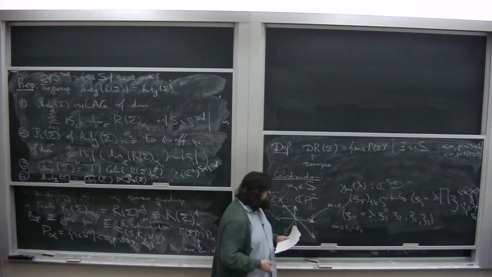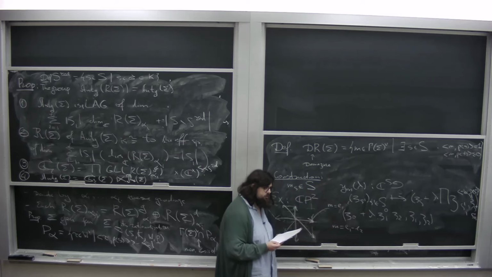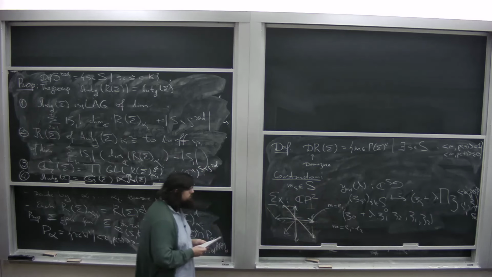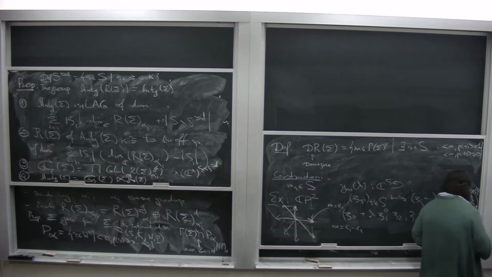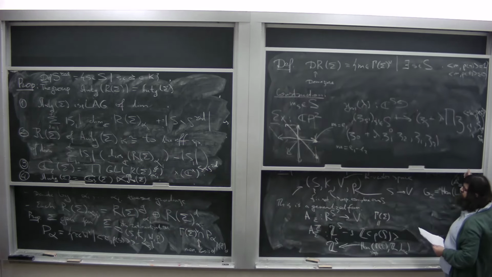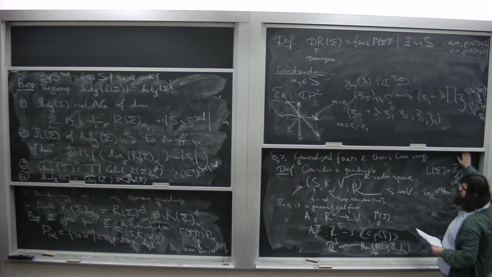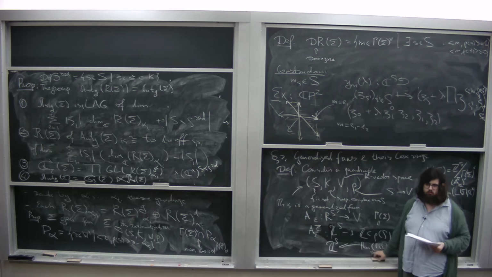So anyhow, these are just shifts of the affine space given by things like that. Okay. Any questions about this?